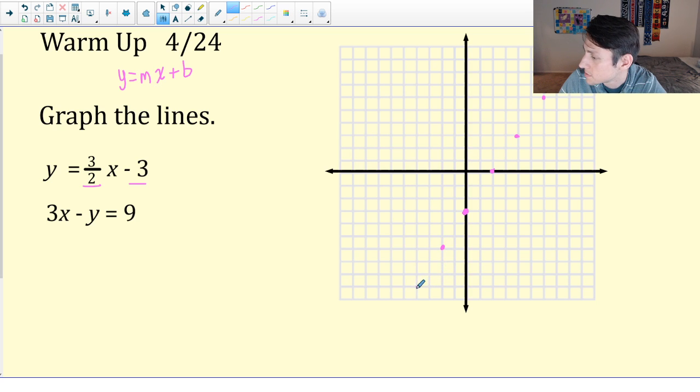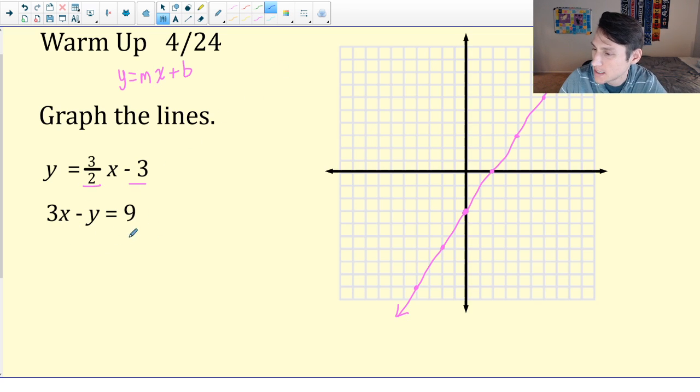Down 3, left 2. And you connect all these together. I started strong and then it kind of faltered at the end there. But there's that line.